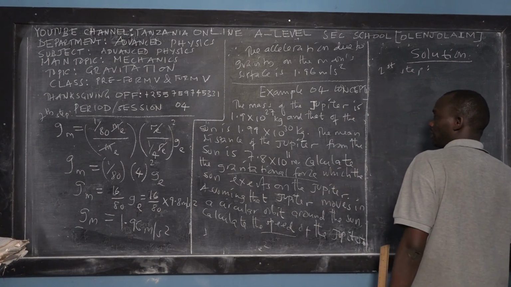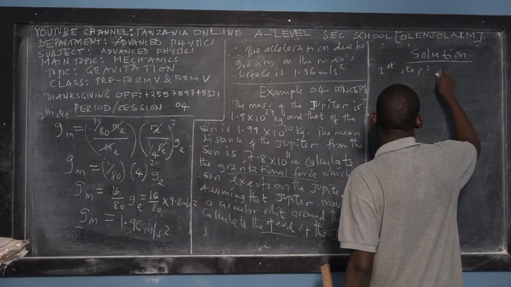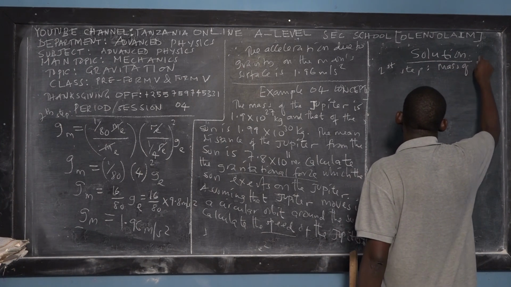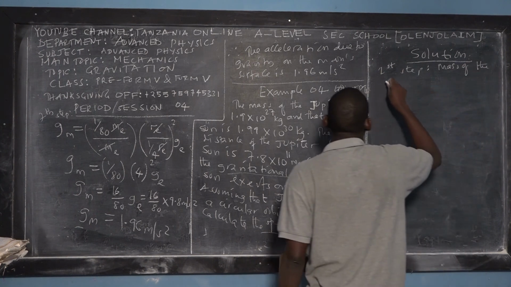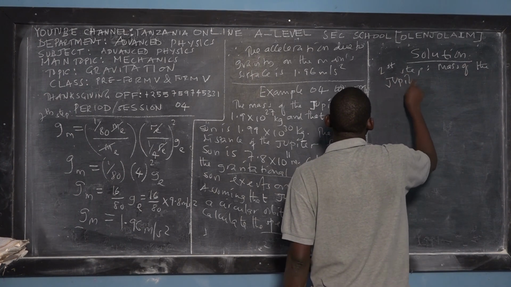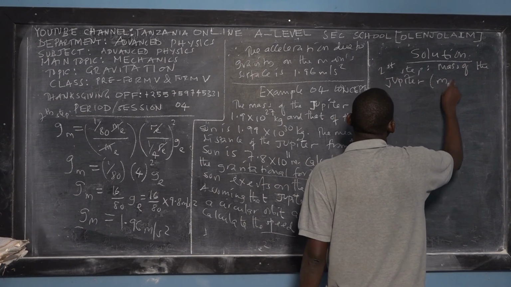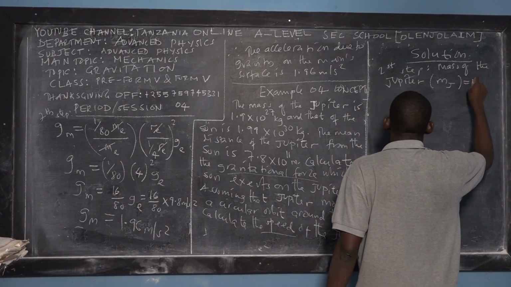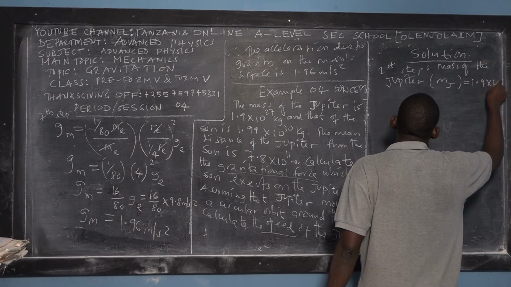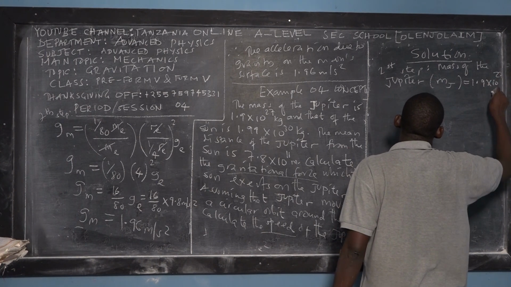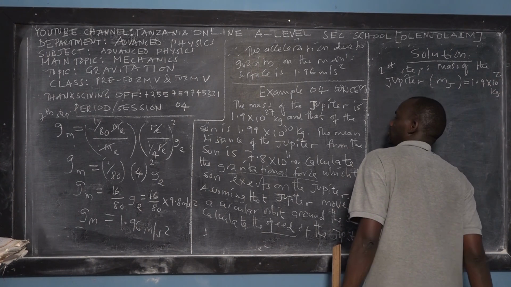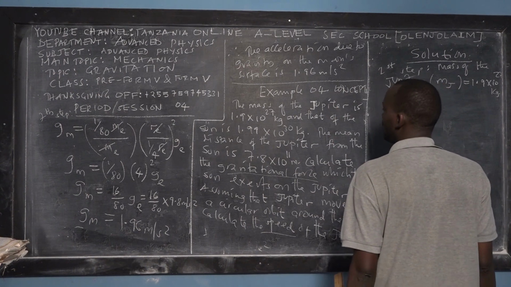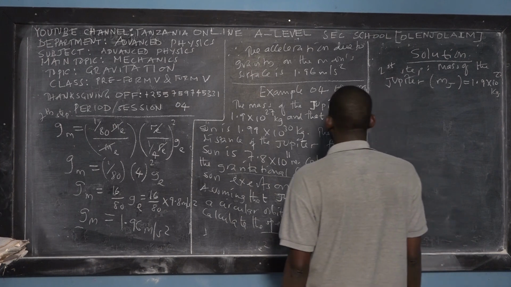The first states that the mass of Jupiter being given is 1.9 x 10^27 kilograms. The mass of the Sun is 1.9 x 10^30.